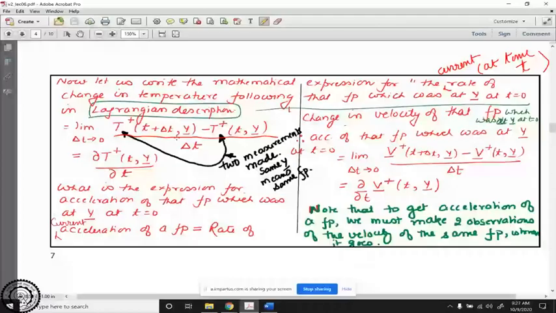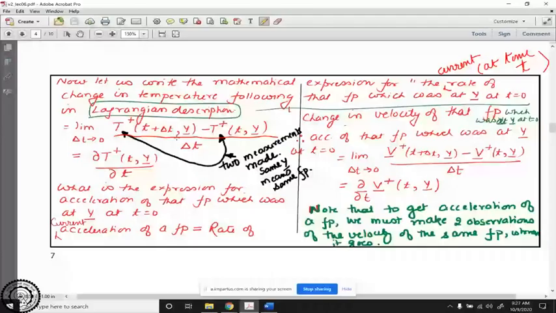Every fluid particle is moving in general, and to find rate of change of anything associated with that fluid particle, mind you, you have to take two measurements. Then only will you take the difference, divide by delta t, and take the limit. Then only will you get the rate of change. So two measurements have to be made whenever rate of change is to be computed.